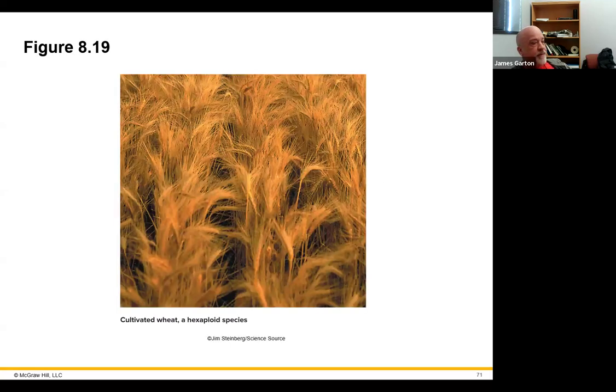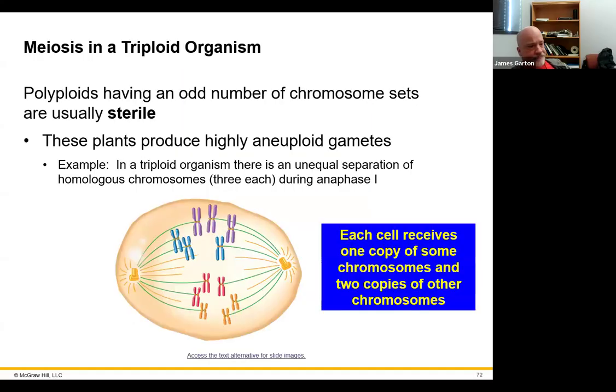But polyploidy in animals, not a good thing. In plants, seems to be okay. Now, if you are a polyploid organism and you have an odd number, that means you're a triploid or pentaploid or whatever.